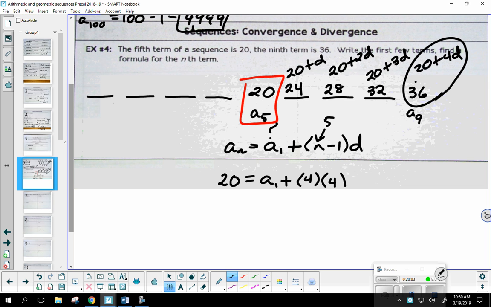So whatever the first term is, if I add 4 times, it should get me to the fifth term, 20. So whatever this is, plus 4, plus 4, plus 4, plus 4. See, I did have to add 4 times. So, in fact, what is the first term? 4. Okay. And that should be 8, 12, 16, and it gets you right back to 20.